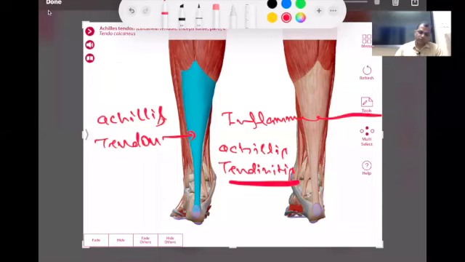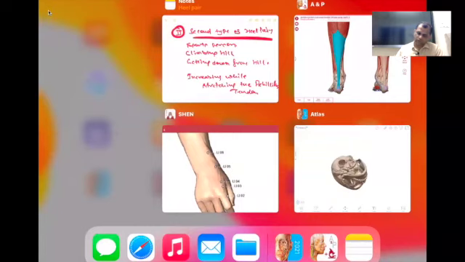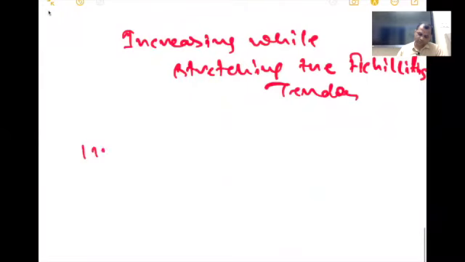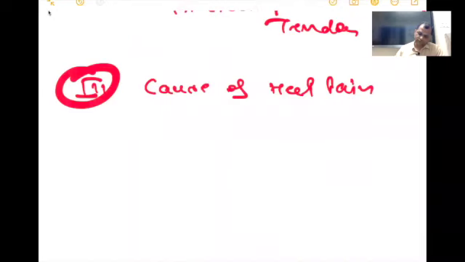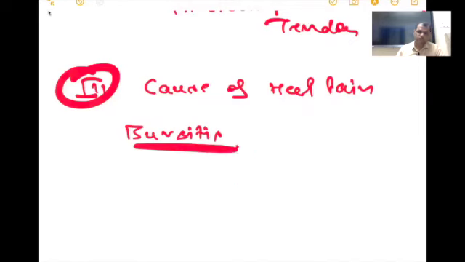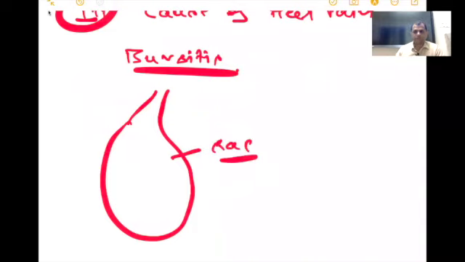Now, the final and third cause of the heel pain is bursitis. What is bursitis? The bursa is like a sack, like a polythene bag filled with liquid.